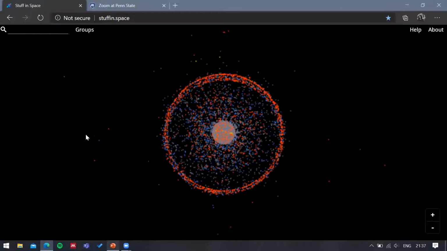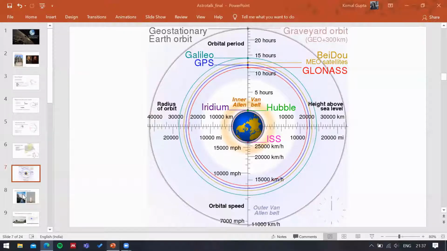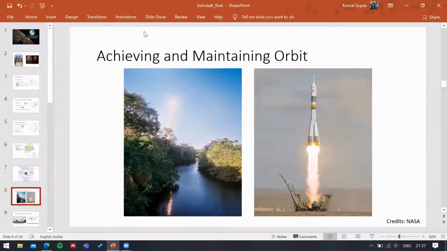Okay, so how do we get to the orbit? We all know that's achieved by means of rockets, and how much energy is required to place that satellite in its orbit depends on the location of the launch site.